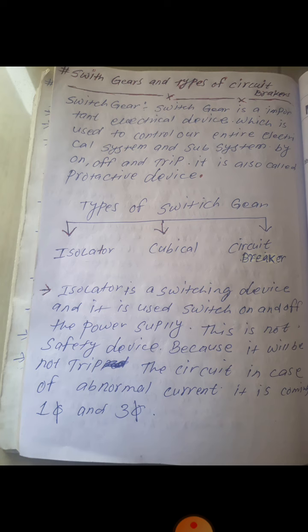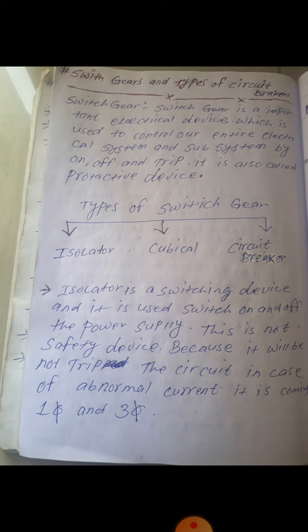In switch gear we can control our power supply: if you need power you can switch on, and if you need the supply off you can trip it off. If you need it you can switch on, and if you don't need it you can switch off. So switch gear is one type of device.